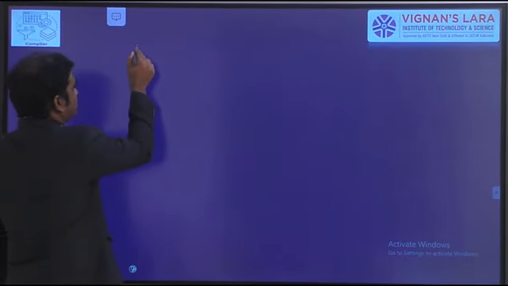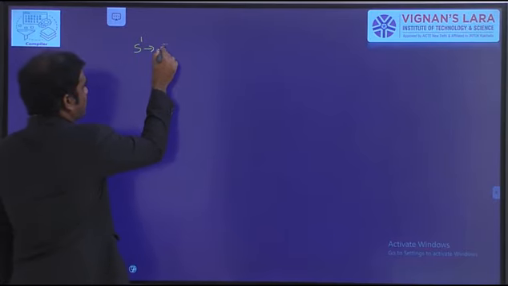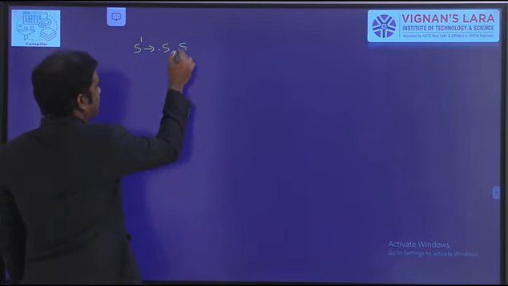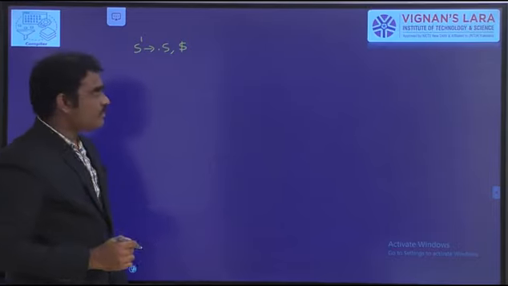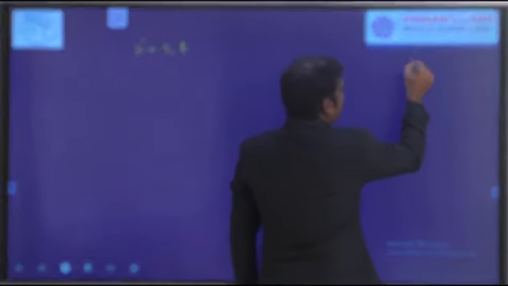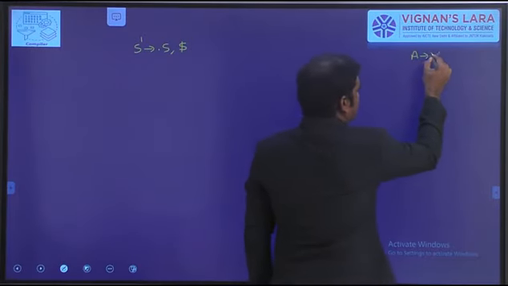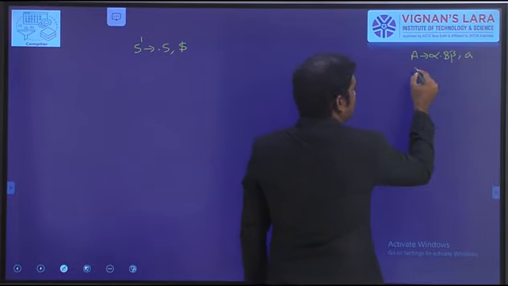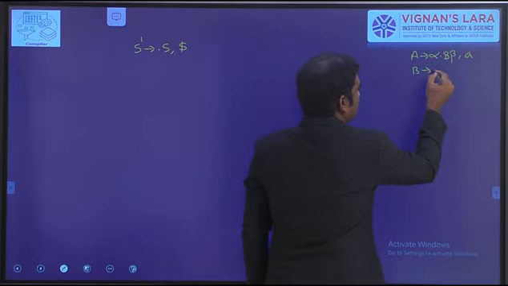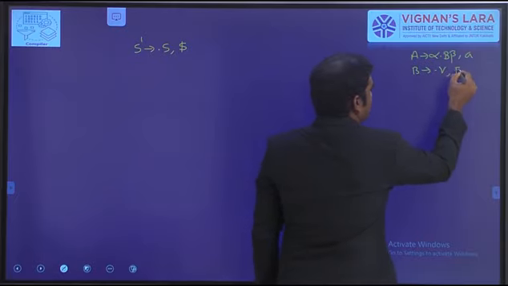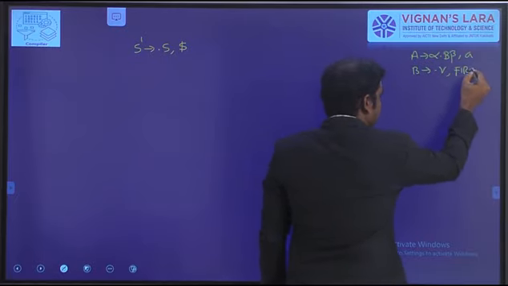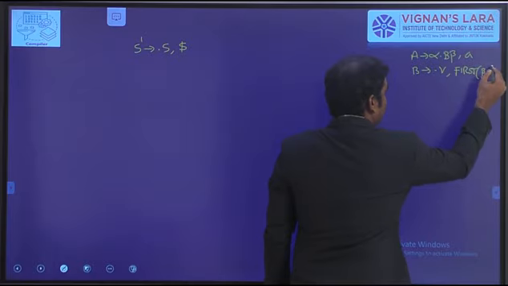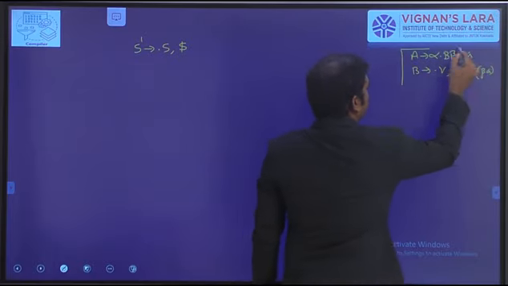Suppose S dash to dot S comma dollar. The main thing is A2 alpha dot B beta comma A. Solution is B2 dot gamma comma first of beta A. This is the closure set formula.